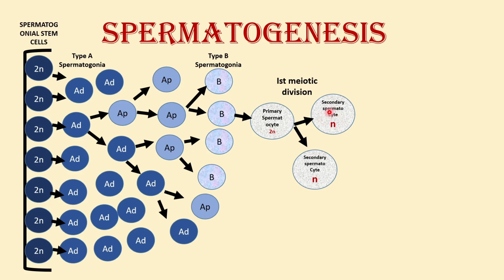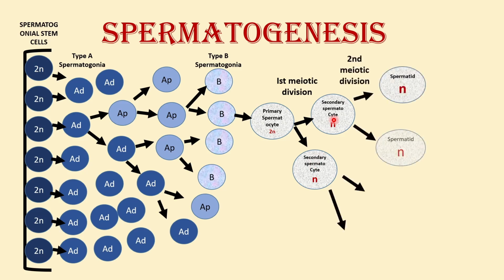These haploid daughter cells are known as secondary spermatocytes. Primary spermatocyte and then secondary spermatocytes, which are haploid. These cells then enter the second meiotic division and complete it to form four haploid daughter cells. You know that the second meiotic division is similar to mitosis.